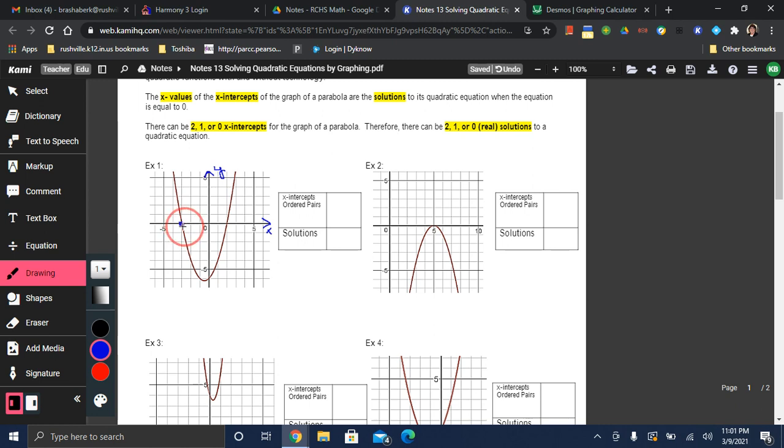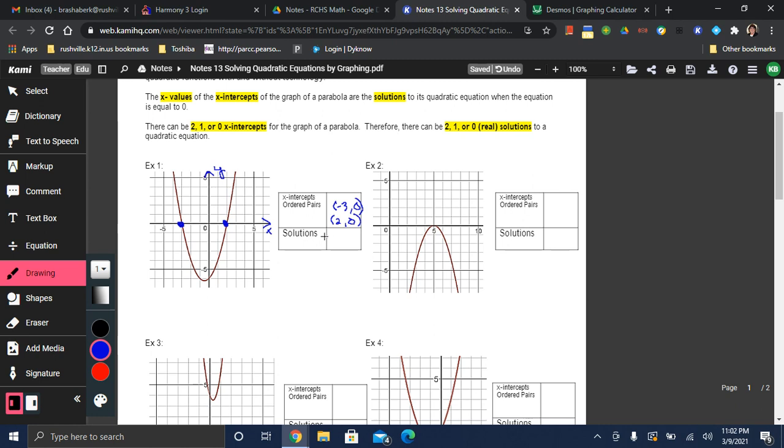So 1 point would be here, and this is the ordered pair of -3, 0. And then the other x-intercept, where it crosses the x-axis, would be at +2, 0. Notice that the y value is going to be a 0.